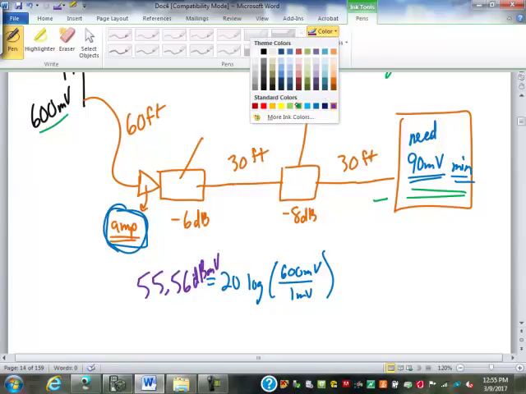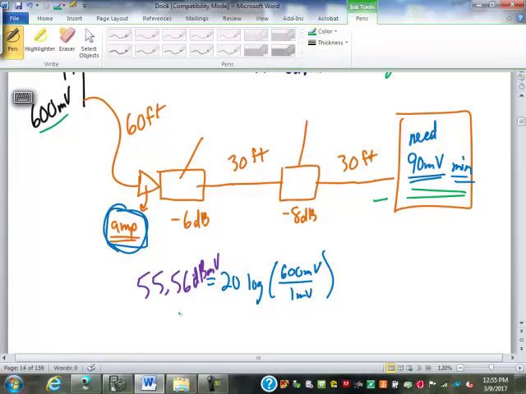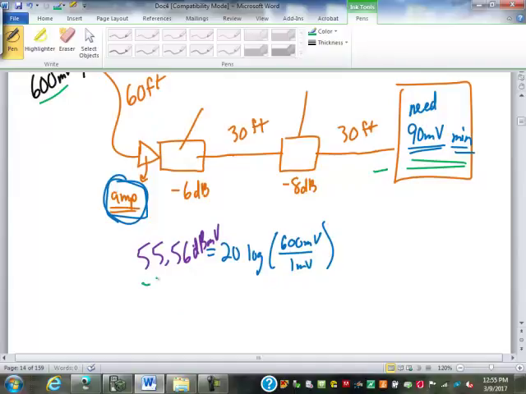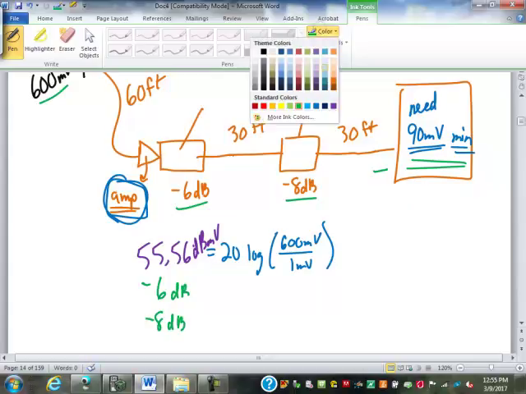From that 55.56, we're going to lose 6 there and 8 there, and 24.8 for the cable.